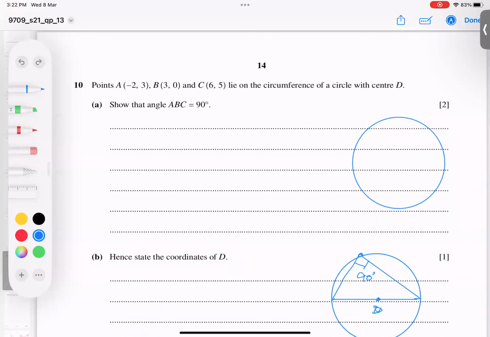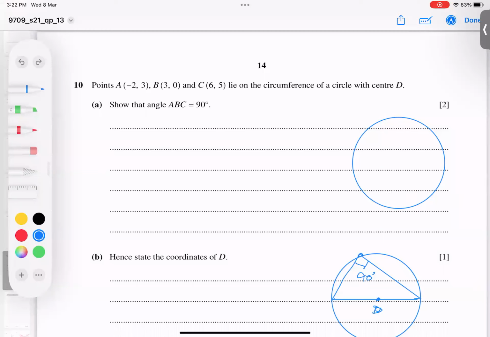If I take the x-axis, -2, 3 is somewhere here, and this point B has coordinates 3, 0, and 6, 5 is C. I think there is no need to make too accurate a diagram. I can make it directly even.